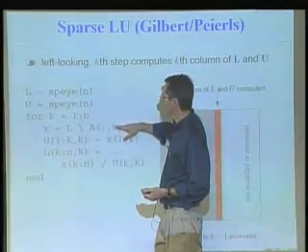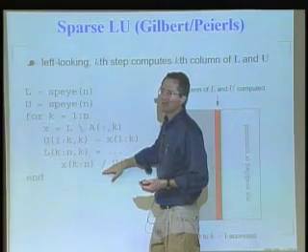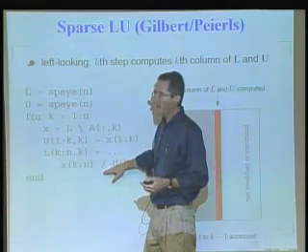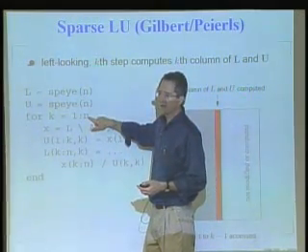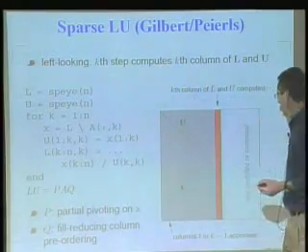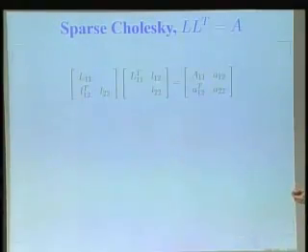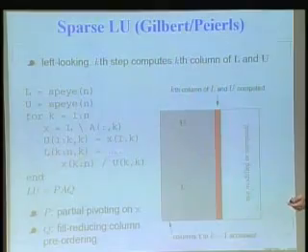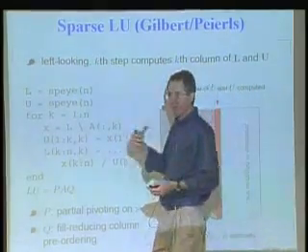If this is done in order flops, then the entire thing is done in not quite order flops, because there's still now an order n loop. The total work of this algorithm would be n plus flops.